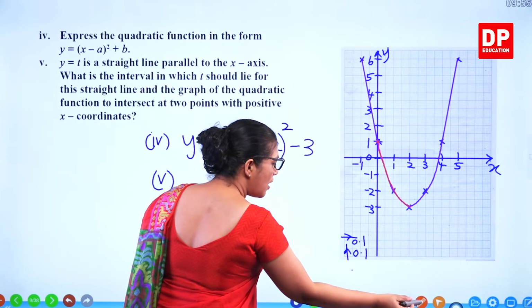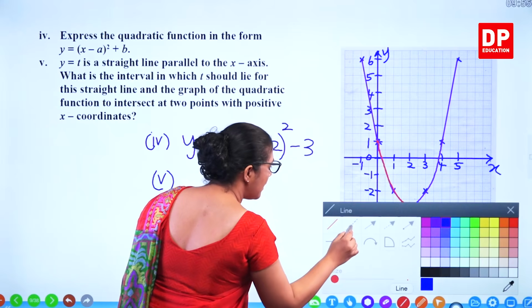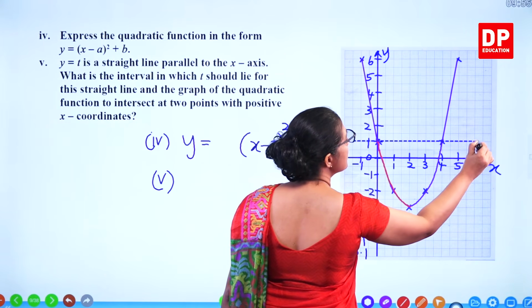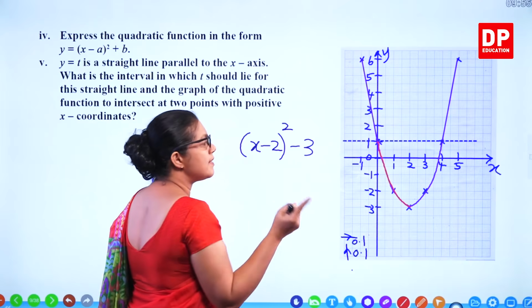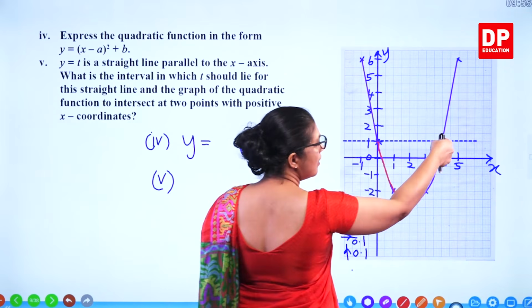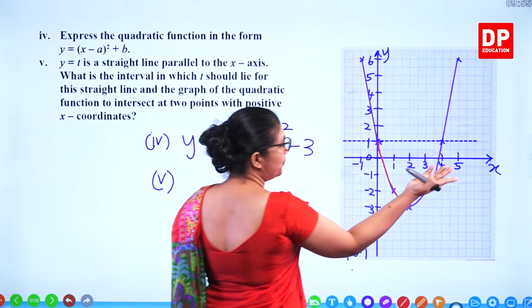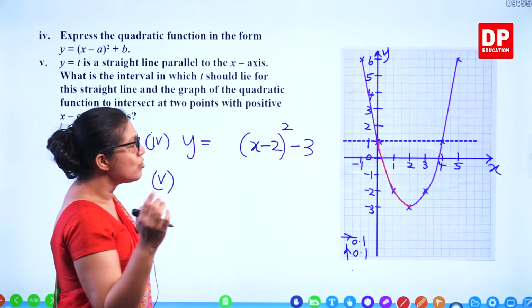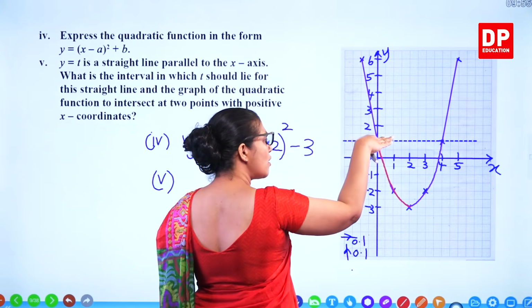Now think about this value. If you draw a horizontal line here, what happens? One value is 0 and the other value is somewhere here. That's 4. So 0 is not a positive value, so you can't take that. Not included.